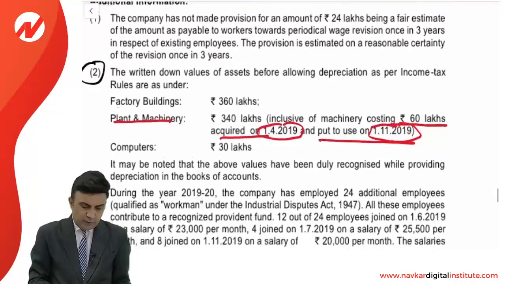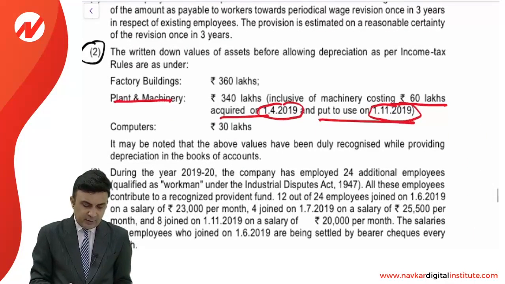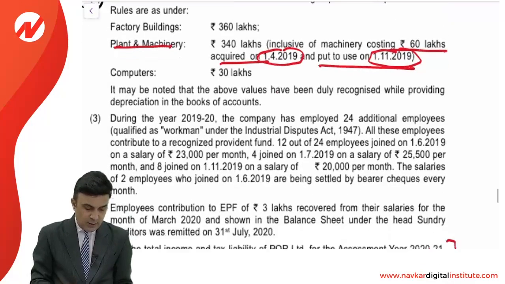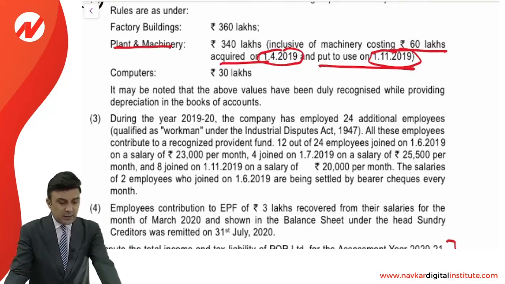Written down value of the asset before allowing depreciation as per Income Tax Act is given as under. I will be checking out depreciation slightly later. During the year 2019-20, the company has employed 24 additional employees qualified as workmen under the Industrial Disputes Act.